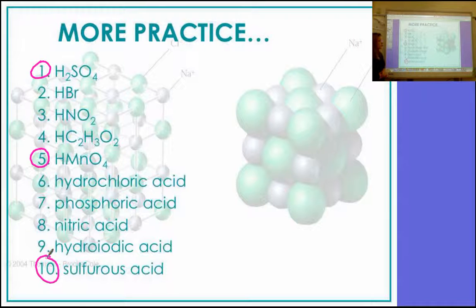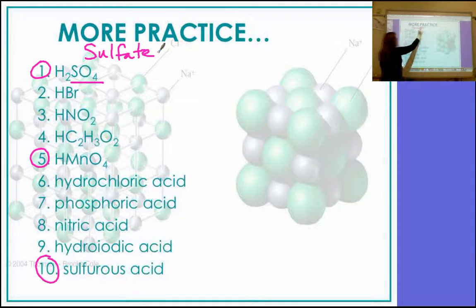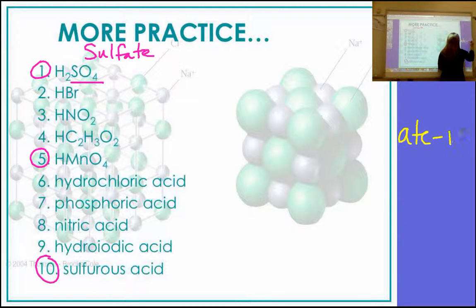H2SO4 starts with an H. All of these start with an H or end in acid, so we know they're all going to be acids. When it starts with an H, all I have to do is name the anion. Looking on your list, SO4 is sulfate. What are my rules? Ate goes to -ic.